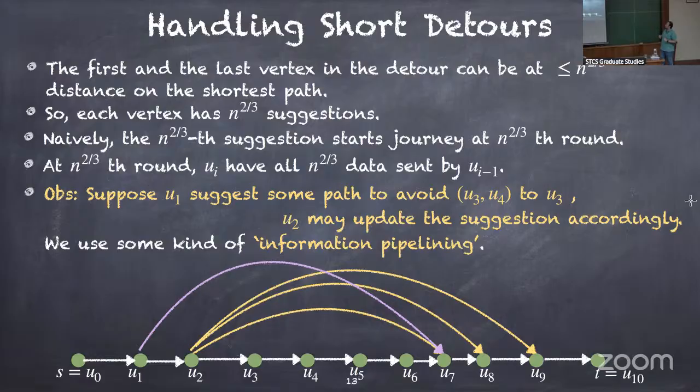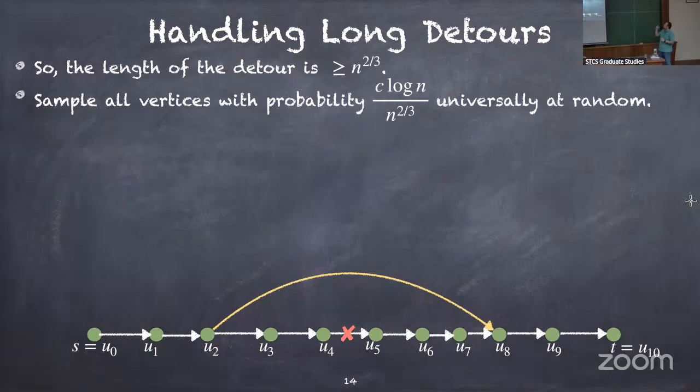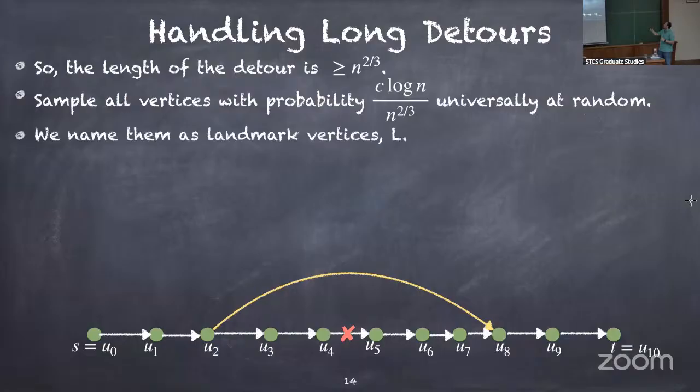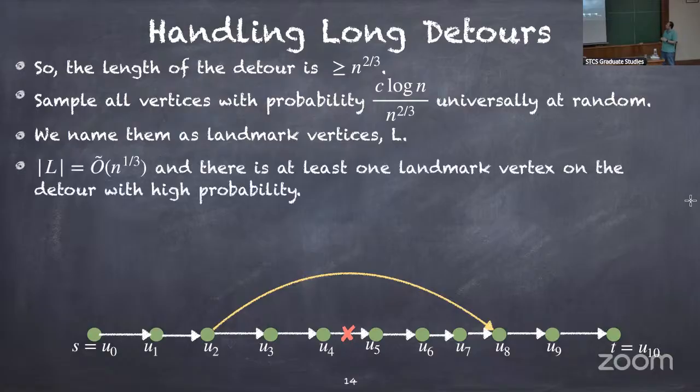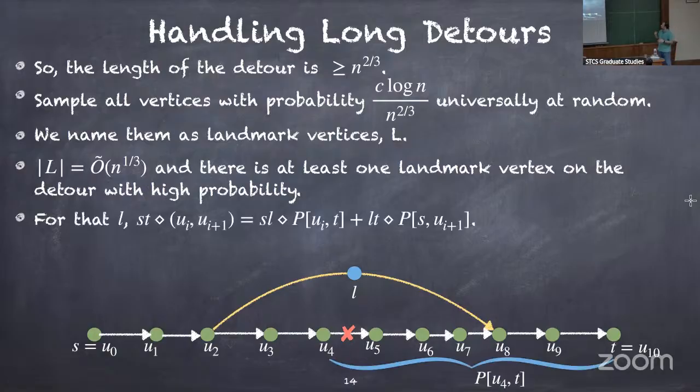Then for the long detours, I will just go through it in one minute. For length greater than or equal to n to the power 2/3, we sample some vertices and name them landmark vertices. Among all the landmark vertices, at least one will be on that detour, and accordingly we divide the whole detour into short fragments of at most n to the power 2/3. I will skip this part.